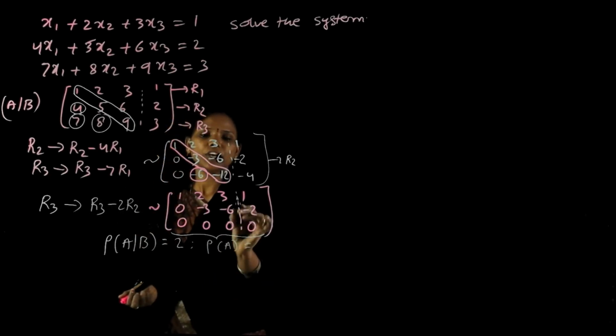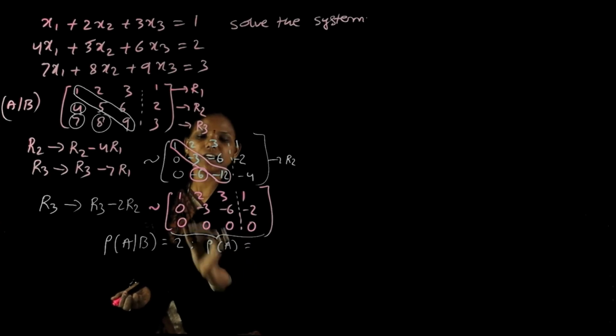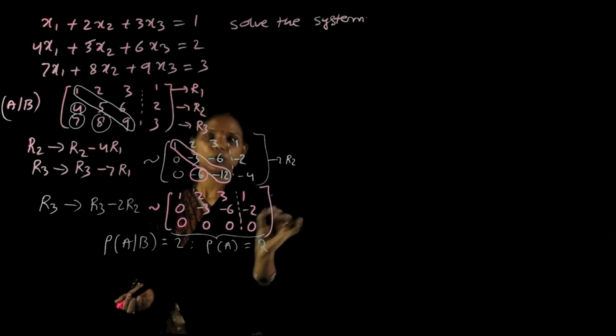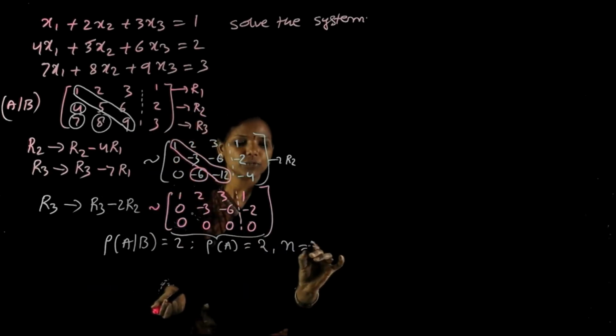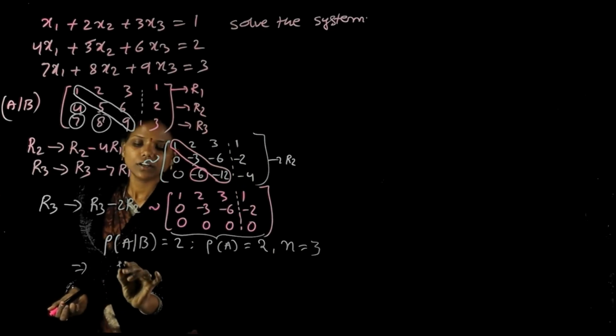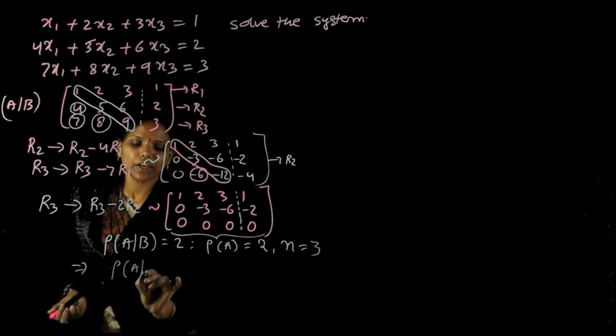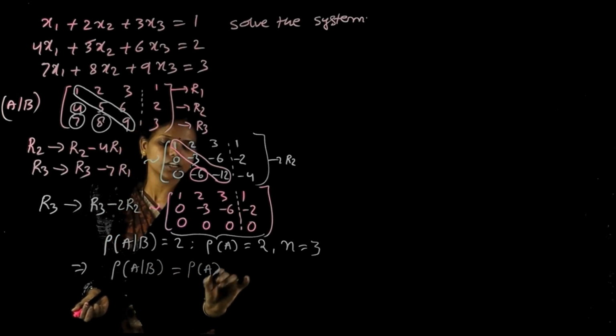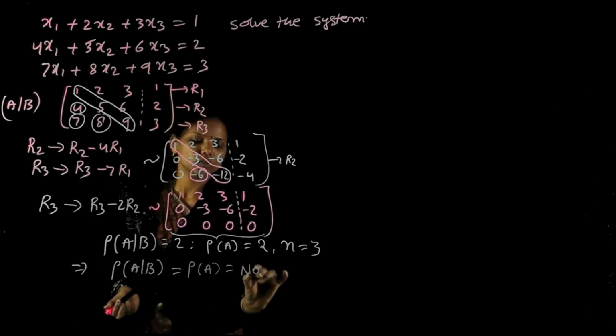To get the rank of A, you observe only matrix A. How many non-zero rows in this echelon form? 1, 2. So the rank of A is 2. And the number of variables is 3. Now check the consistency. The rank of the augmented matrix AB is equal to the rank of A, and it is less than the number of unknowns.